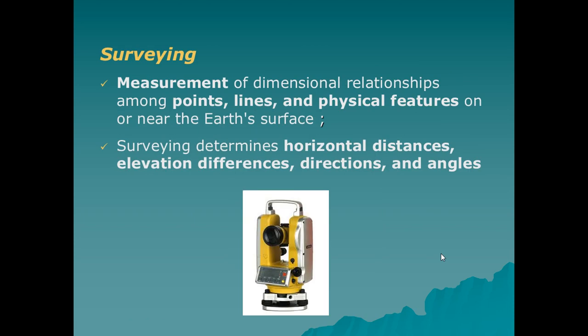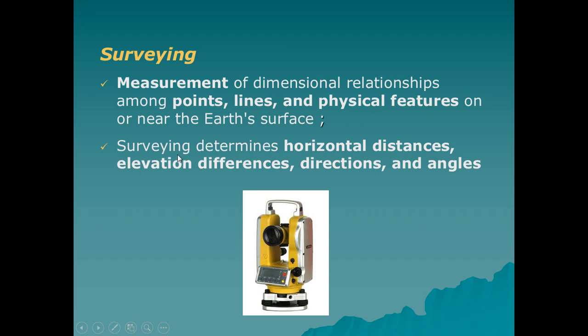GIS data can also be captured using surveying methods. Now, this surveying we're talking about here is engineering surveying that captures information and measurements about features on the Earth's surface. What does it measure? It measures features and relationships in terms of points, location, distances, lines between features, and the physical features themselves.